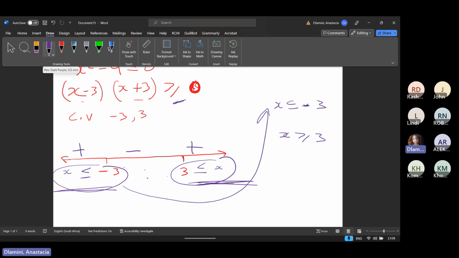If we put -4 here, -4 minus -3 and -4 minus +3. So this will be equals to -7 times -1. So -7 times -1 will give me +7. You see that value is greater than or equals to 0. So it means that our statement is correct. So now you see how you're going to do inequalities, isn't it?